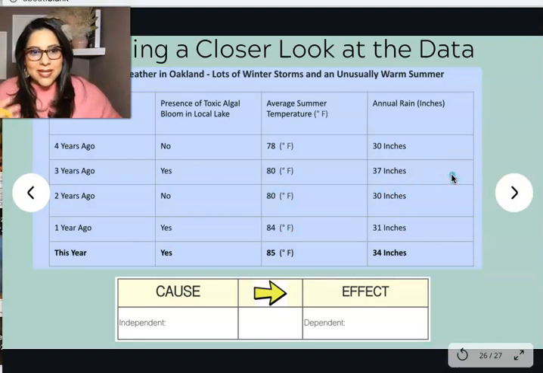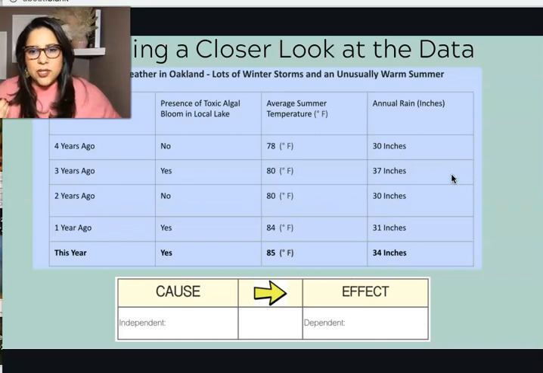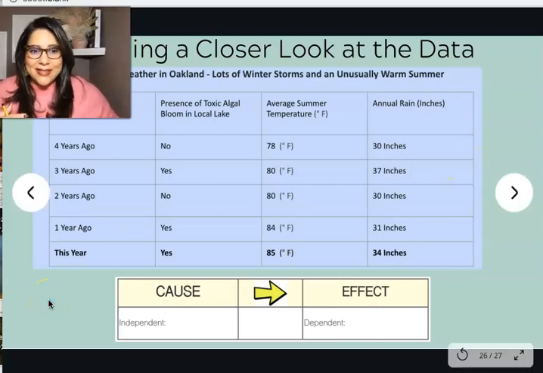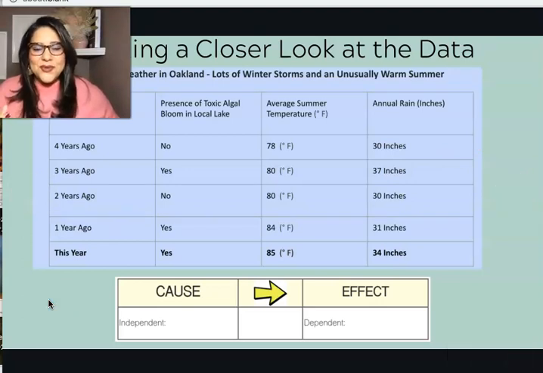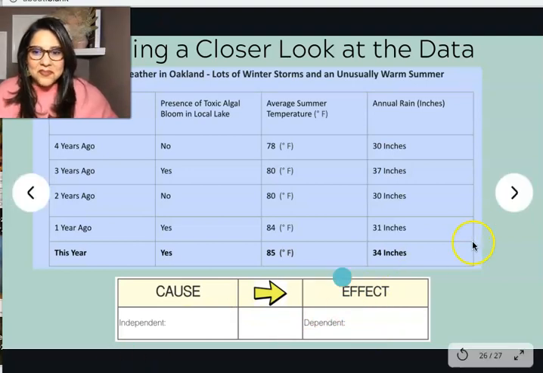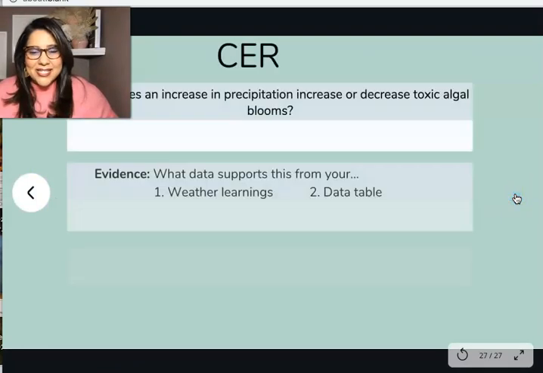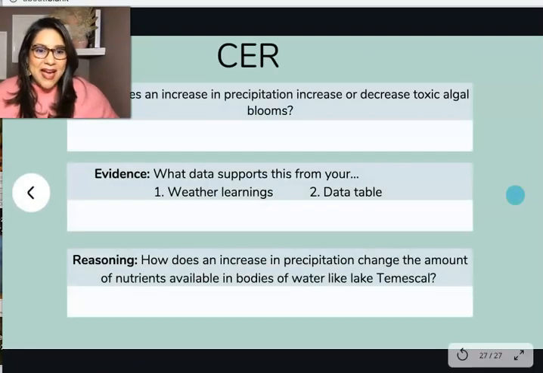Based on my data analysis, I think there's a strong relationship between the annual rain amount in inches and the toxic algal bloom. You can also look at this from a cause and effect lens: the cause is the amount of rain and the effect is whether you have a toxic algal bloom or not. So now that we've reviewed the data table, let's look at our claim, evidence, and reasoning activity.